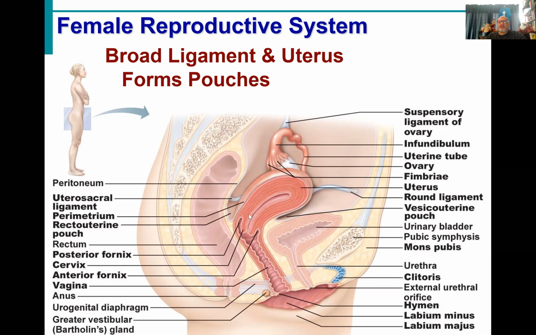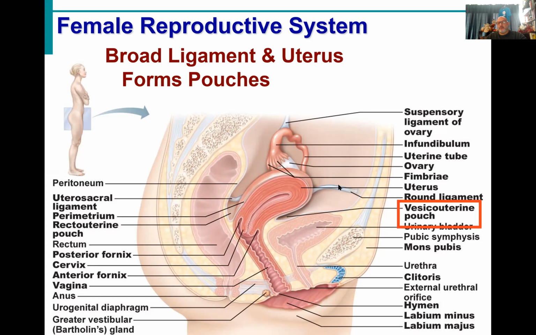Notice also that between the uterus sticking out and the broad ligament held in place by the suspensory ligament, basically the inferior part of the abdominal pelvic cavity, the inferior part of the peritoneal cavity, is divided into two pouches. One of those pouches is the vesicouterine pouch.